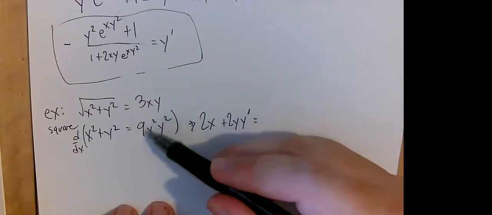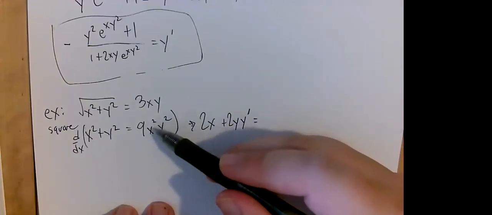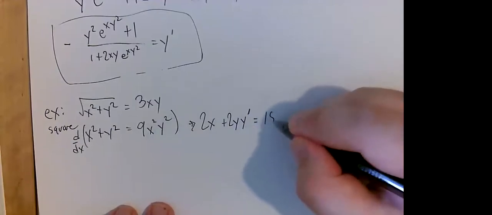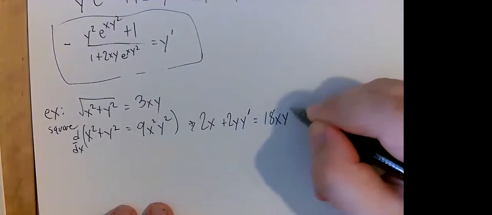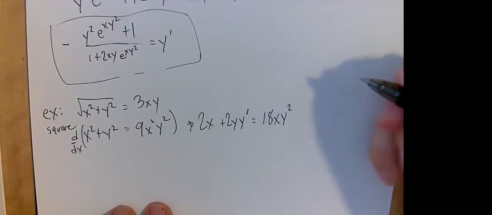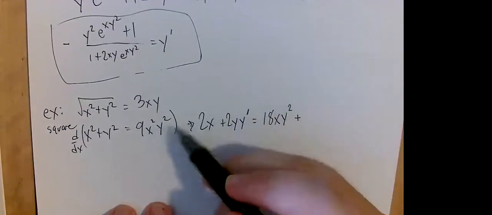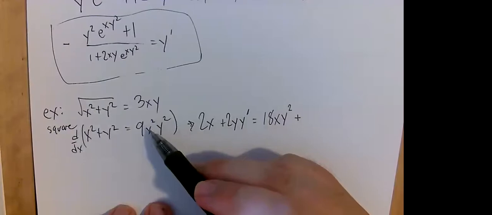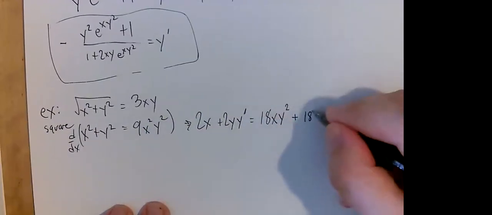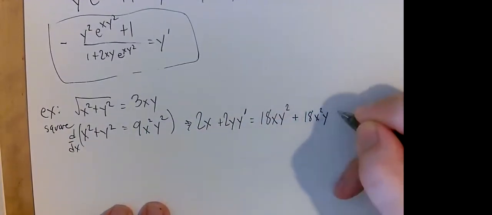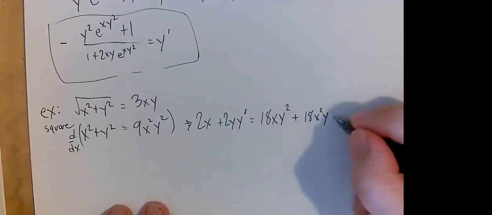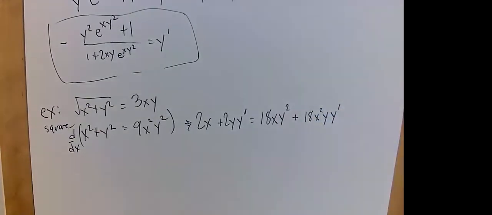So I'm going to do the derivative of x squared, which is 2x. So combined with a 9, that gives me 18x. And then I leave my y squared alone. Next, I do the derivative of y squared, leave the x squared alone. And that gives me 18x squared y. And then because I did a derivative with y, we have y prime.